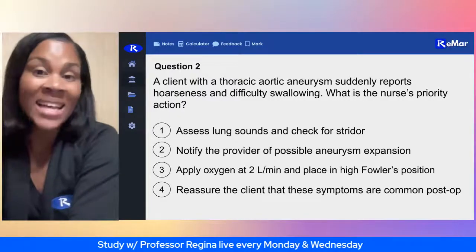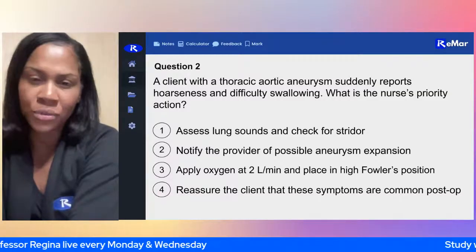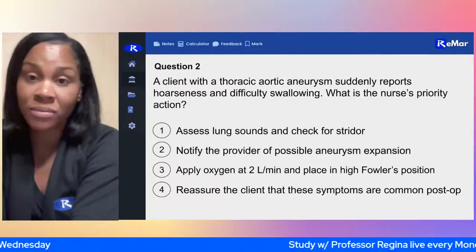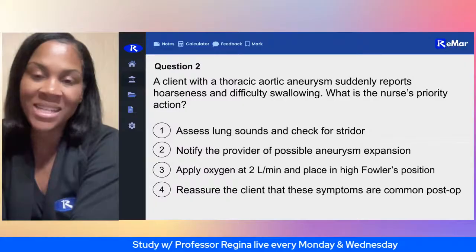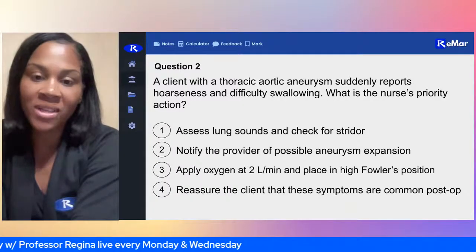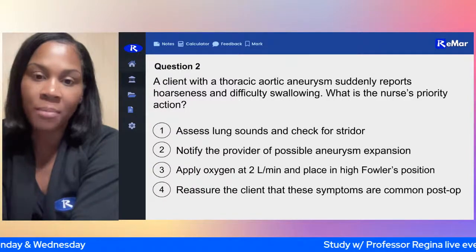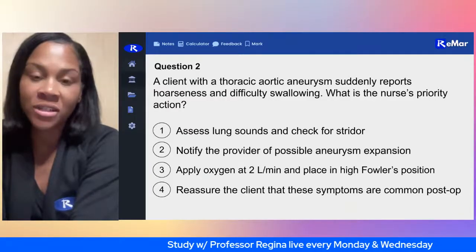Number one, assess the lung sounds and check for stridor. Two, notify the provider of possible aneurysm expansion. Three, apply oxygen at 2 liters and place in high Fowler's position. Four, reassure the client that these symptoms are common post-op. What's the priority action here?